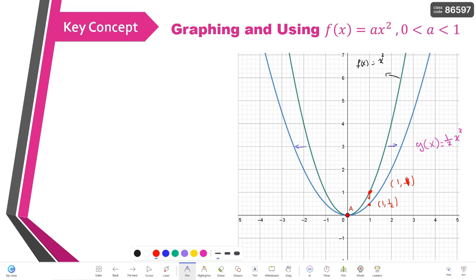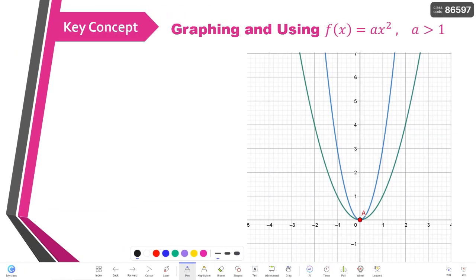Let's see what would happen if a, or the coefficient of x squared, or the leading coefficient, is a whole number higher than 1. Here is an example where a is higher than 1. The original function, the green one, where a is equal to 1, is x squared.